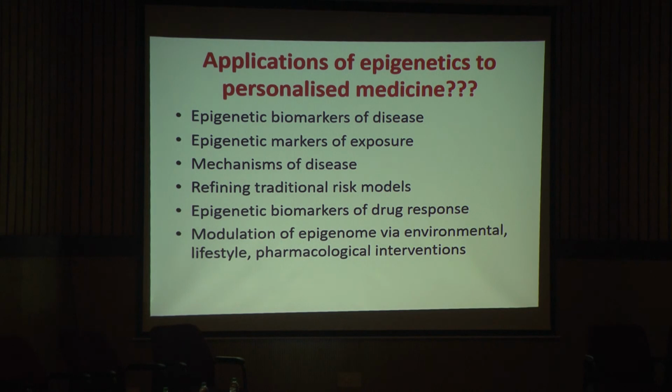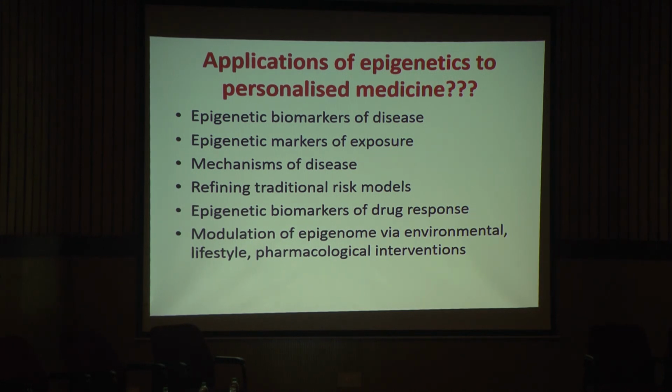Moving forwards, I think there are going to be many applications of epigenetics to personalised medicine. Personalised medicine is a real buzz thing now, but I hope I've convinced you that epigenetic signatures can give us really good biomarkers of disease. I think our schizophrenia blood work shows that. It can give us really good markers of exposure. I think our smoking and clozapine work shows that.